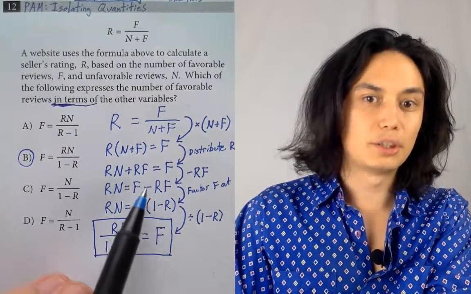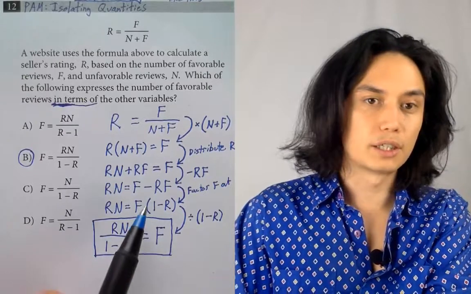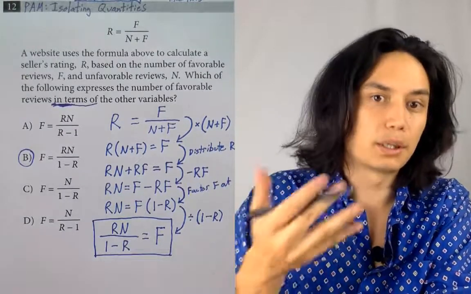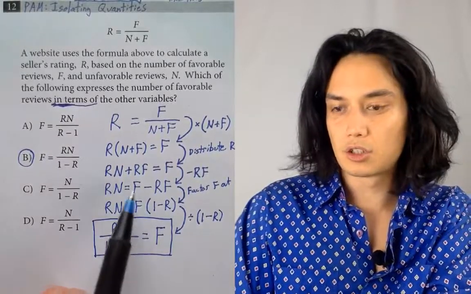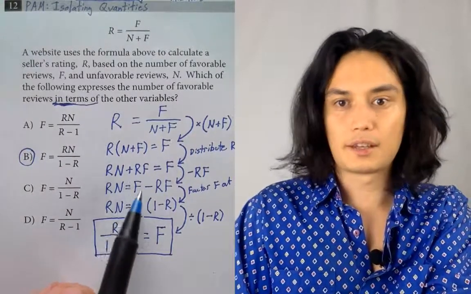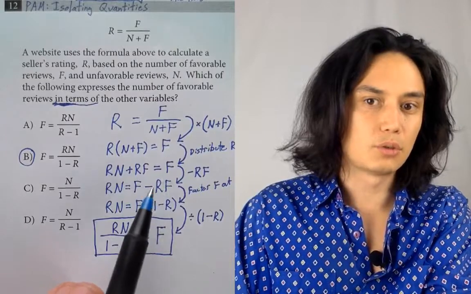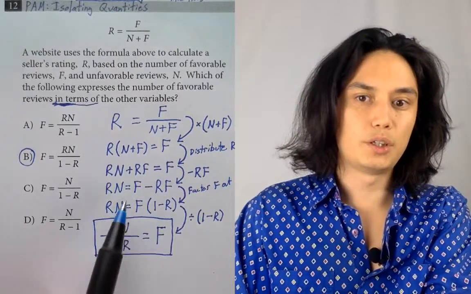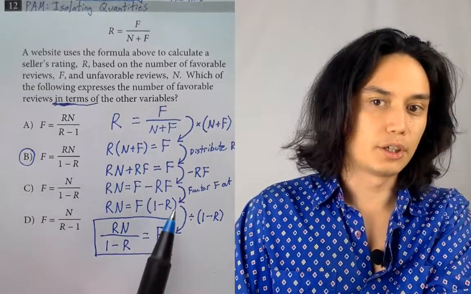Factoring out is just our ability to do that process in reverse. We're like de-distributing, undistributing. This is the big trick. It allows us to take these two f's, where one is on its own and one is attached to an r, and turn it into this one f that is multiplied by 1 minus r.